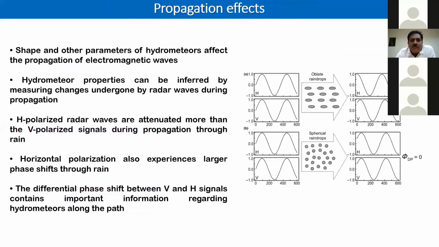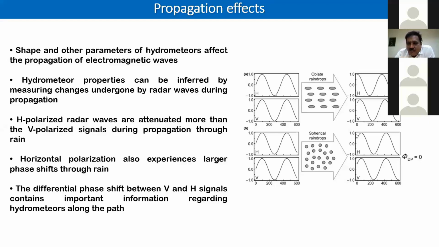Similarly, from the propagation we can also get some parameters. When a radio wave propagates in the atmosphere using two polarizations, if the drops are spherical, you don't see any big change in the propagation of the horizontally and vertically polarized waves.